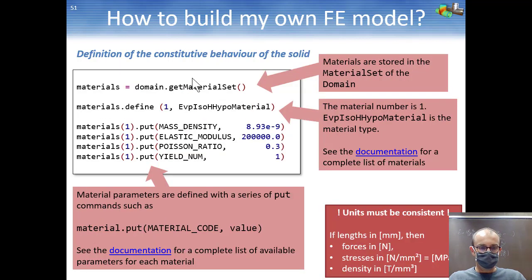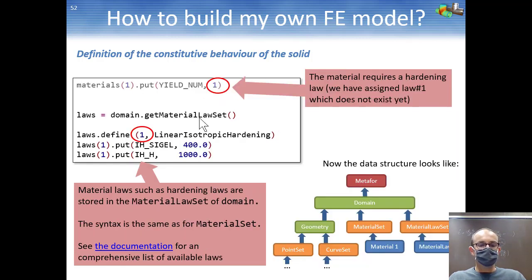So here it's the material set, and then next to it you have the material law set. So you have several materials, several laws, and each material can choose curves from the material law set. So thanks to this system, you can combine different behaviors with different, for example, plasticity criteria and so on.